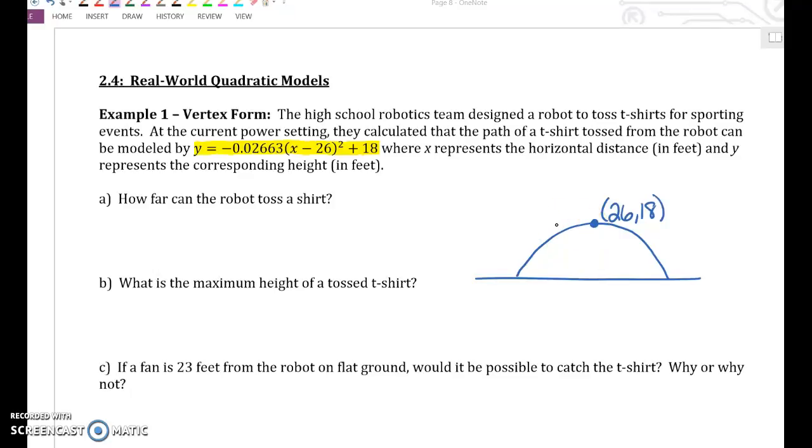So our first question, how far can the robot toss the shirt? Say the robot tosses the shirt, nobody catches it, it just follows the path and falls to the ground. How far will that shirt have gone? So if from the starting point to the vertex is 26 feet, we know that a parabola is symmetrical, so from the vertex to the other side would be another 26 feet.